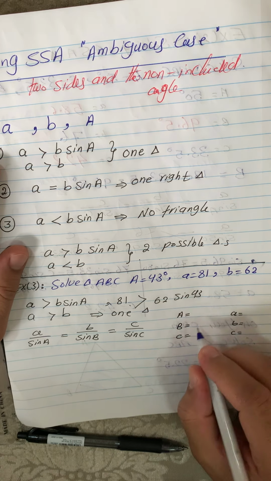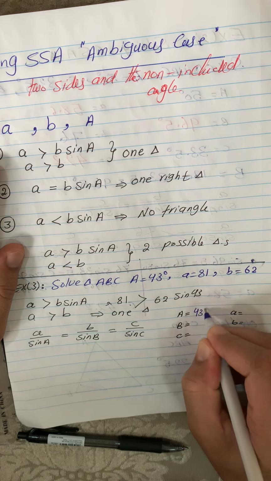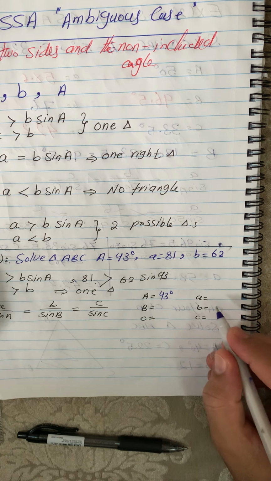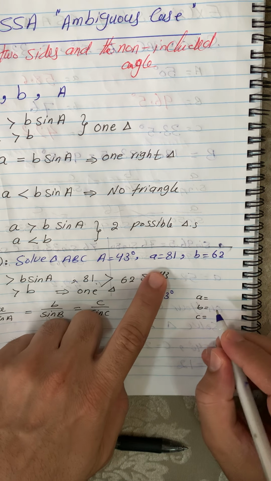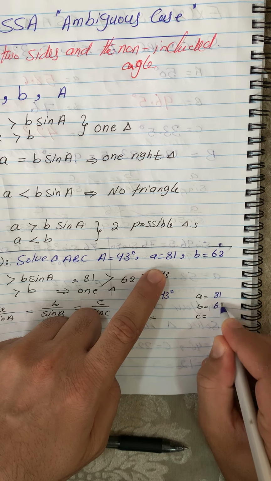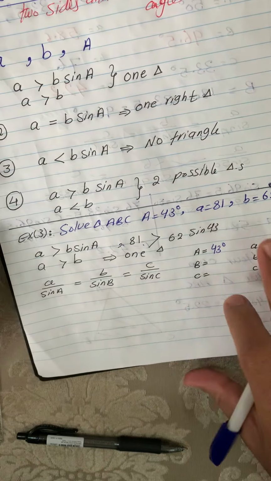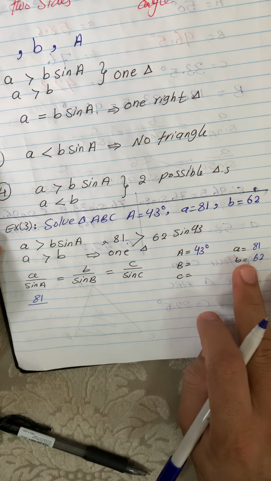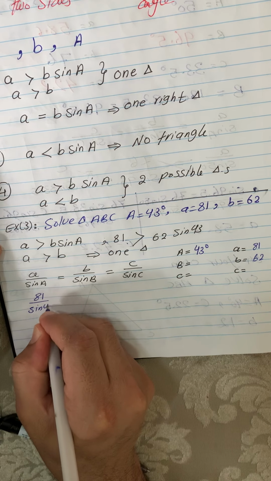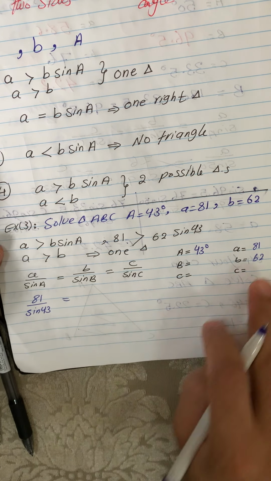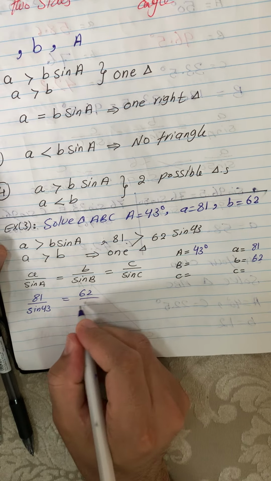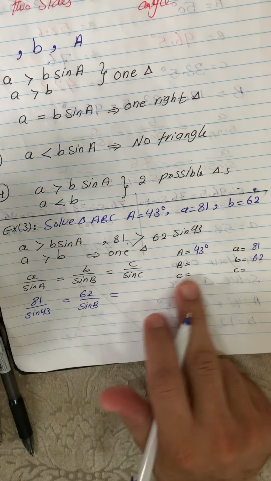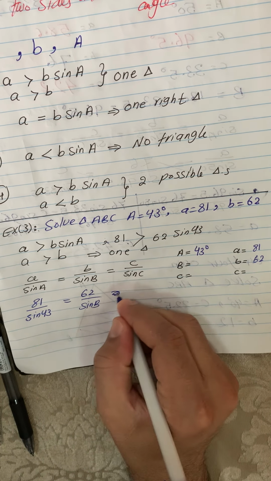So write here A capital 43 degrees, B capital is unknown, C capital is unknown, a small is 81, b small is 62. Then do substitution here: 81 over sine 43 equals 62 over sine B. Do not write the last ratio.